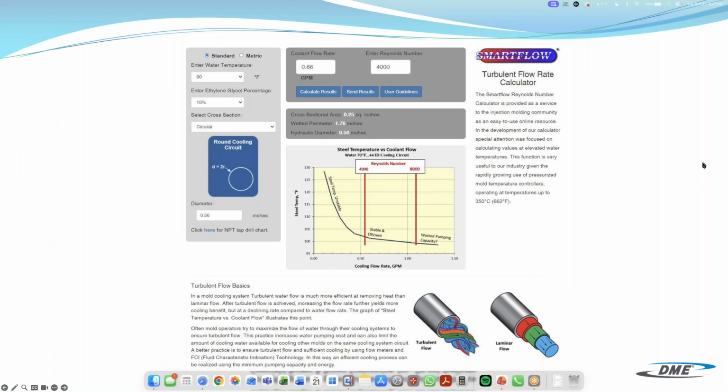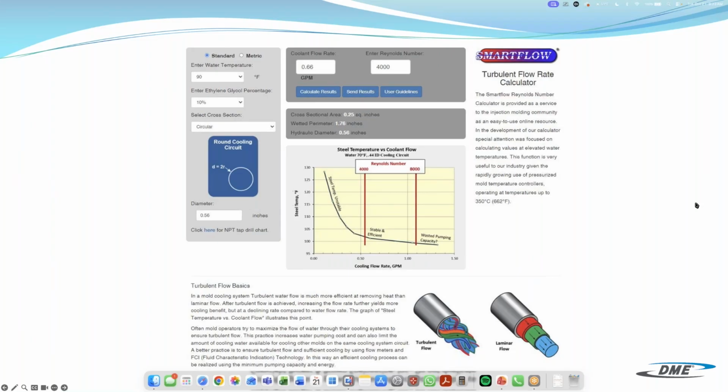Next question while we're waiting for that one is, how do you benchmark a tool? The common practice that we've seen and that we teach is when you first get a tool from the tool builder or into your facility, we put it up on the bench in the tool room, and we have a separate pump, flow meter, and regulator that we utilize.